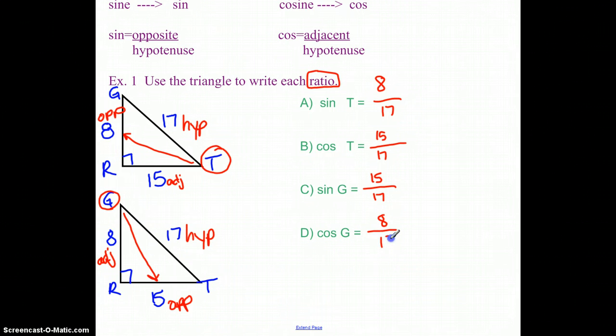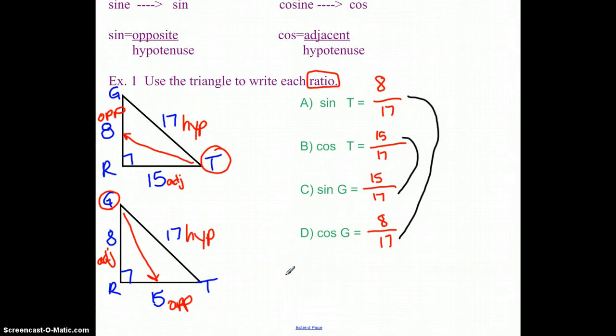Now, there are a couple things I'd like to point out as far as patterns. Do you notice that they all have a 17 in the bottom? That's because the hypotenuse is the bottom of each fraction for these, and the hypotenuse happens to be the same number because it's the same triangle. So they all have 17. Also, do you notice these relationships here? The sine in one of these is equal to the cosine in the other. Cosine in one is equal to the sine of the other.